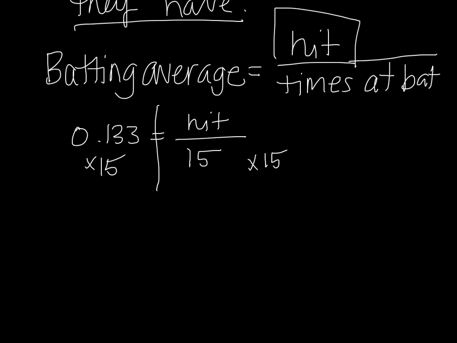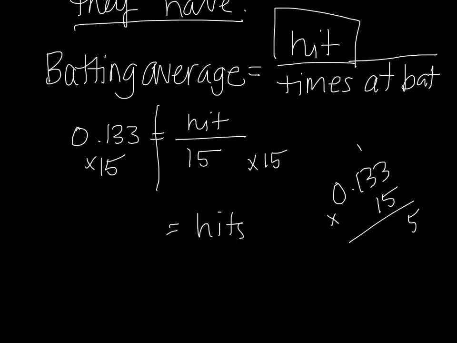Okay, so 15 divided by 15, I'm left with hits. How many hits did they have? Now I need to do 0 and 133 thousandths times 15. 5 times 3 is 15. 5 times 3 is 15 plus 1 more is 16. 5 times 1 is 5 plus 1 more is 6. Done.